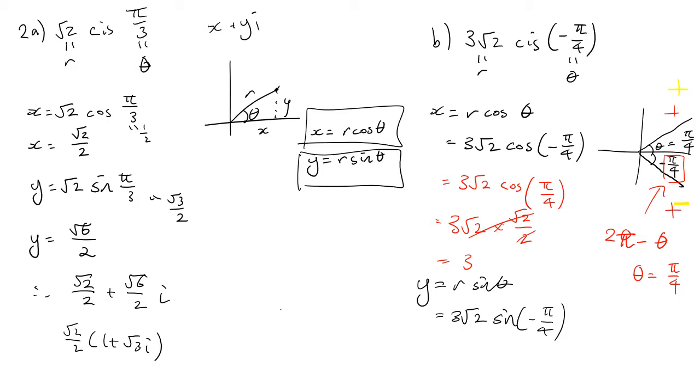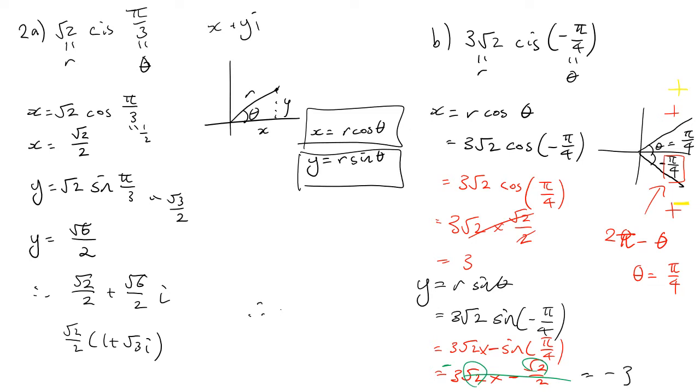So what we need to do is put a negative in front of the sine, and then use pi on 4. 3 square root of 2 times negative square root of 2 on 2. We do the exact same process. This times this is 2. That divided by 2 is 1, so these all cancel out. And there's a negative at the front. So our final answer for y is negative 3.